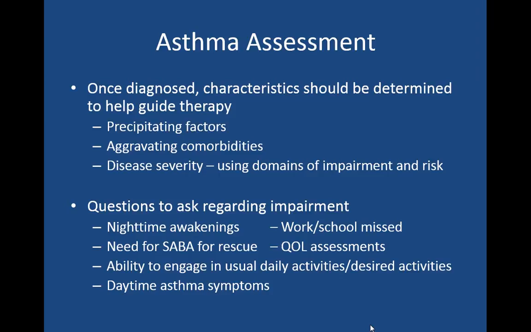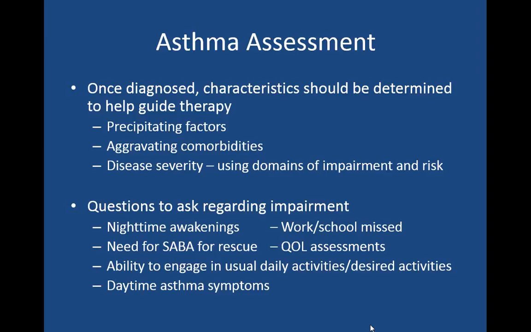Some of the questions that you might want to ask patients relating to their asthma that they may not even think about. So for example, work or school that's missed. Kids that have asthma are more likely to miss school days, and the more uncontrolled their asthma is, the more likely they are to miss more school days.